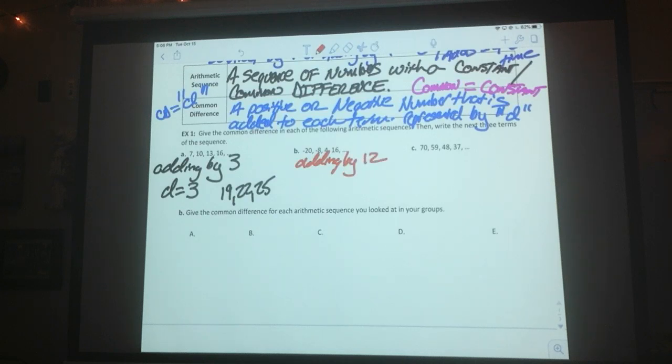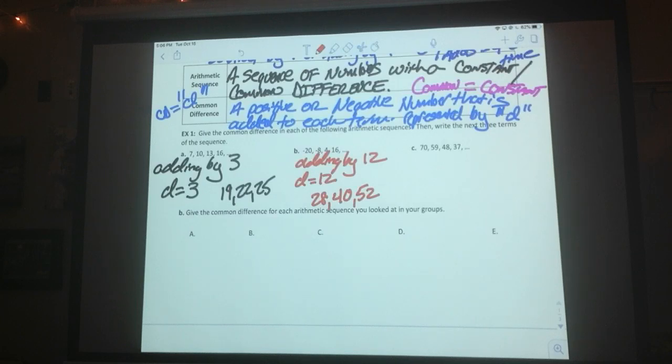I'm getting bigger by 12. So d is equal to 12. And my next three are simply 28, 40, and 52.